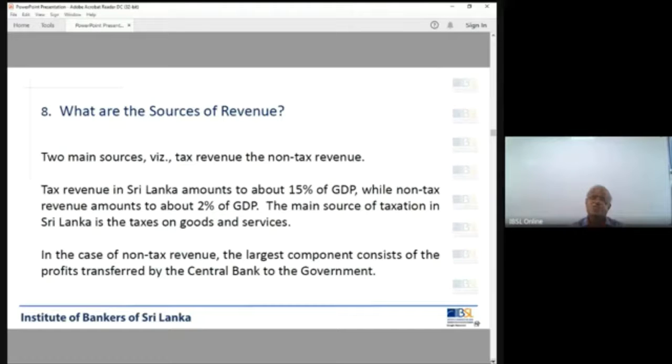Live on taxes: tax companies, tax individuals, tax households, or non-tax revenue. Non-tax revenue: railway department, postal department. The earnings should be transferred to the government treasury. They can't use that money; it goes to the consolidated fund.